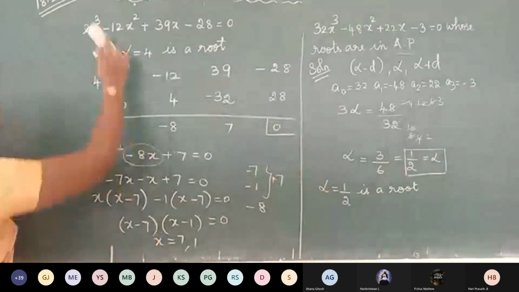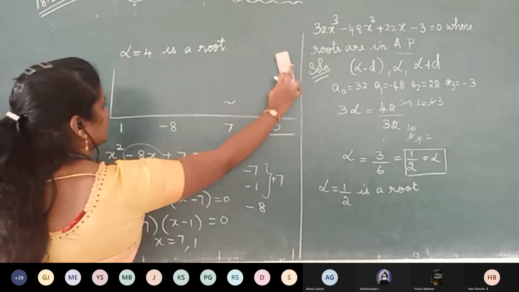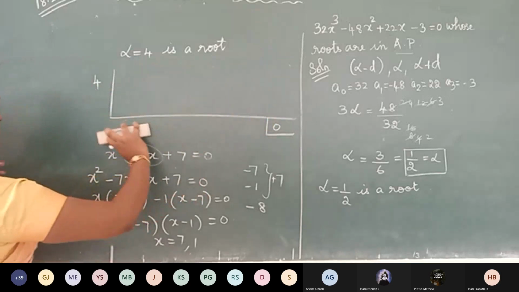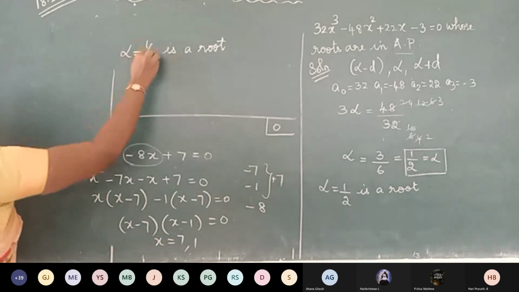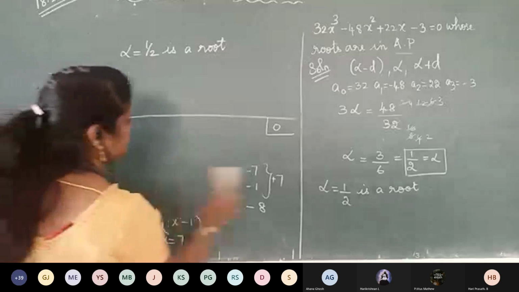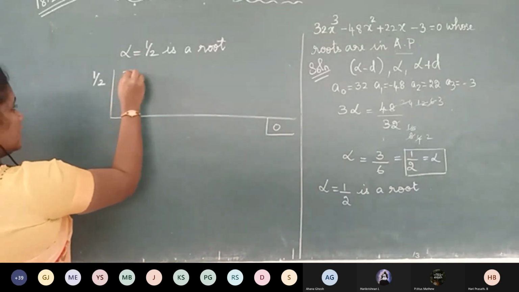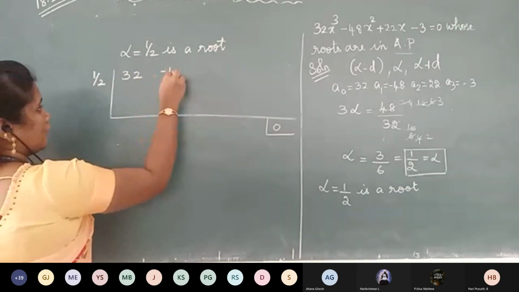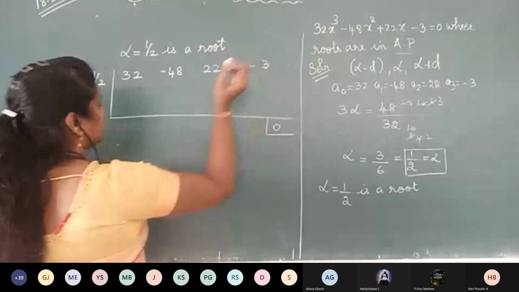So since it is a root, we will do synthetic division: 1 by 2, you keep it here. Write the values 32, minus 48, 22, and minus 3.